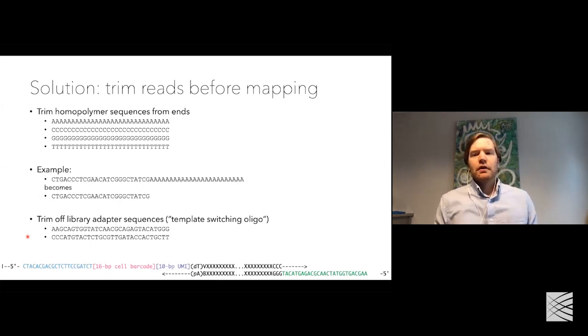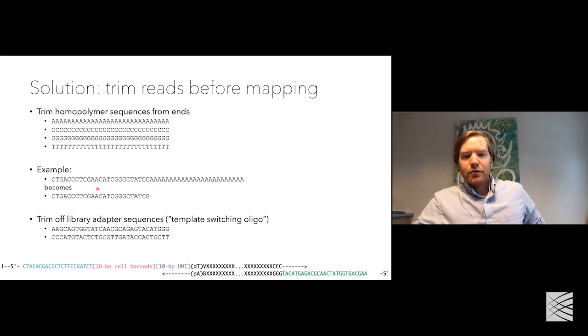Great question. So I don't know if there are any tools that are specific for single cell work. I use a tool called CutAdapt, which I believe was developed for bulk work. I try to trim stretches of homopolymer from the ends of reads, and I'll have to recheck and see exactly what I do.